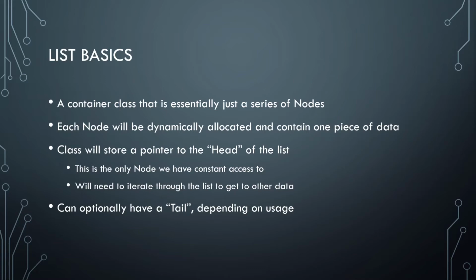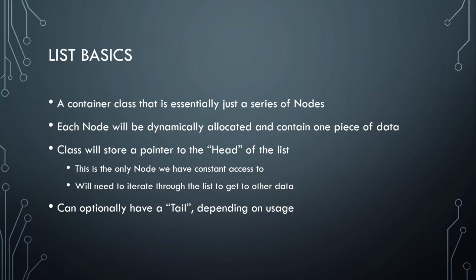This is going to be the only node that we're going to have constant access to. So we're not going to know right offhand what the memory address of every single node in the list is. So we're not going to be able to randomly go through the list and access nodes in a random order like we could with an array.